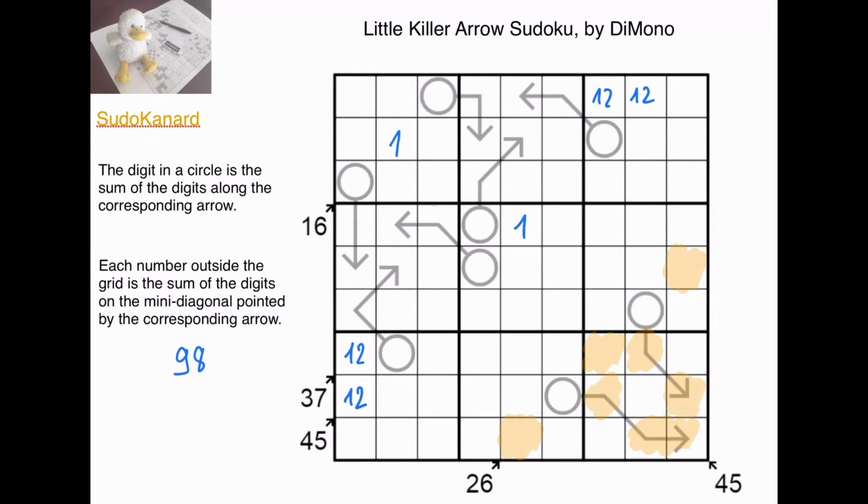And now all this orange sum is 26. But let's highlight the outliers again. Let's highlight them in green, and here let's highlight the missing digits in blue. And then again, let's do some mathematics.